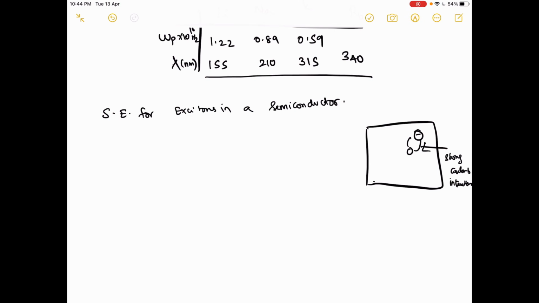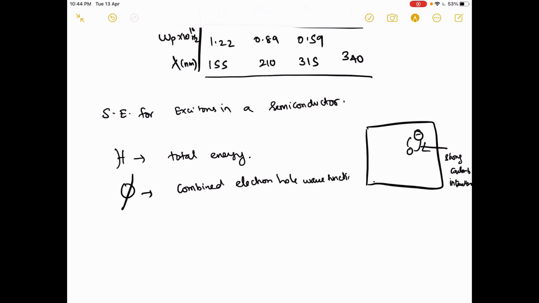And how do we write this? The total Hamiltonian H is the summation of total energy, right? And we write the electron hole wave function as some psi, which is a combined electron hole wave function, right?